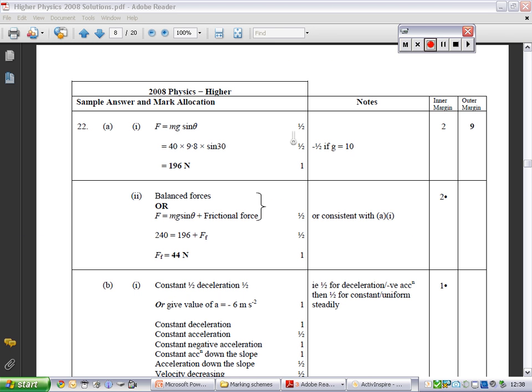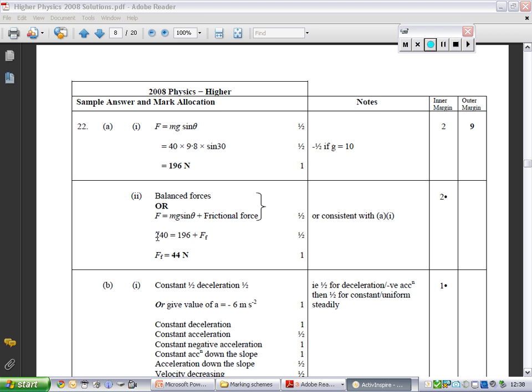We have here F equals mg sine theta, so your force parallel to the slope should be 196 newtons. Half a mark off if g is 10, but you should know that by now, it's 9.8. Second part is you're saying forces are balanced, that gives you half a mark, or that mg sine theta equals a frictional force, and then you're getting 1.5 marks for working it out.